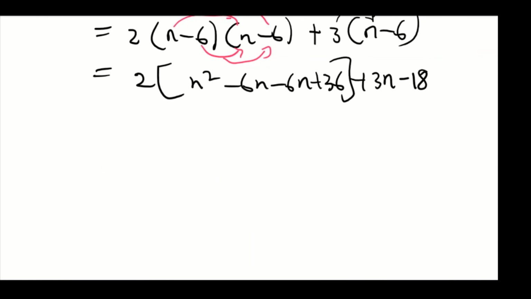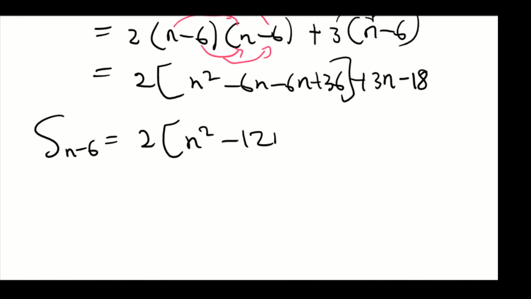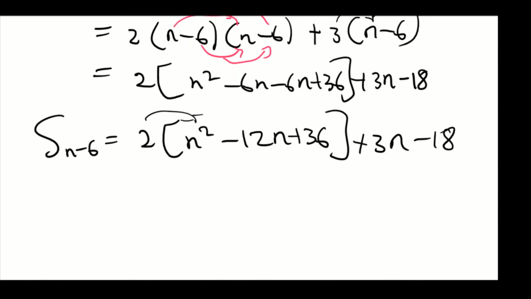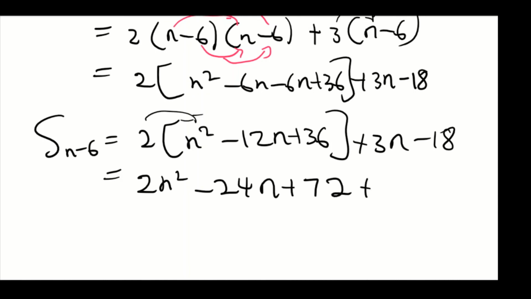So the sum of n minus 6 is equal to 2 into n squared minus 12n plus 36 plus 3n minus 18. When I multiply the 2 inside, we get 2n squared minus 24n plus 72 plus 3n minus 18.